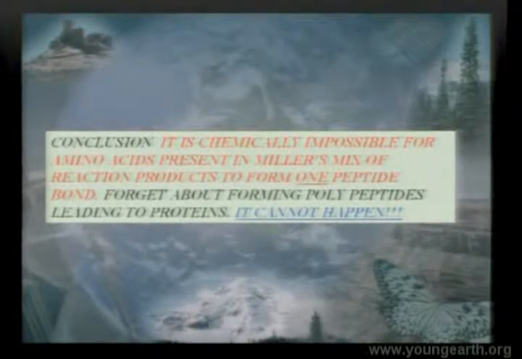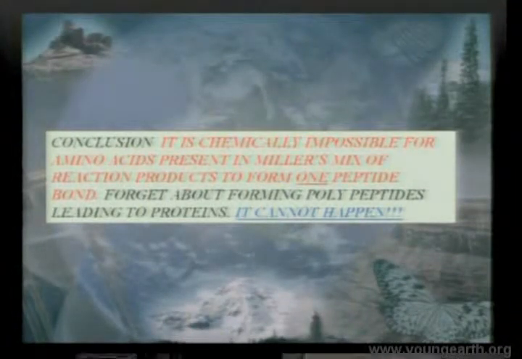Chemical reactions impossible for amino acids present in Miller's mix because the products can't even form one peptide bond, much less polypeptides, which are needed to form proteins. It cannot happen. It can't happen based upon the results that are produced from those experiments.